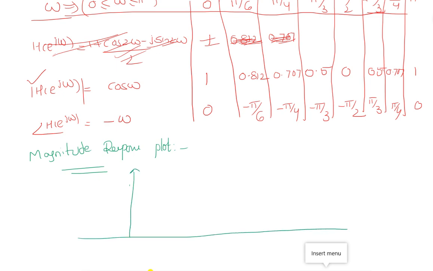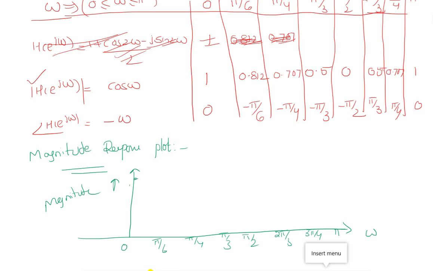This axis is the magnitude axis, and this axis is the omega axis. So 0, pi by 6, pi by 4, pi by 3, pi by 2, 2 pi by 3, 3 pi by 4, and pi. Initially for 0, its value is equal to 1.